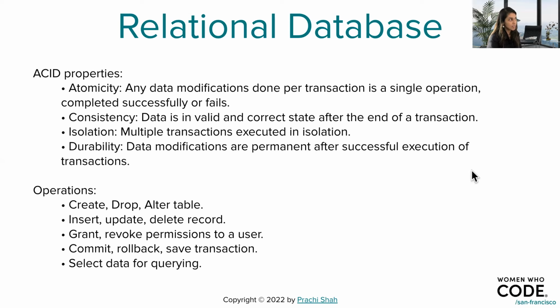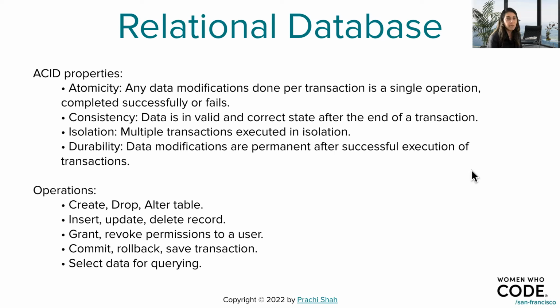The first one is atomicity, which means that any data modification done per transaction is a single operation that either completes successfully or fails. So let's say you are updating a database table or a record, right? It should be considered a single operation, complete in itself, and it should either successfully complete, or if it's not able to for whatever reason, then it should completely fail.